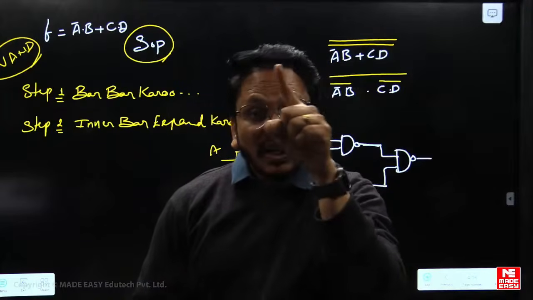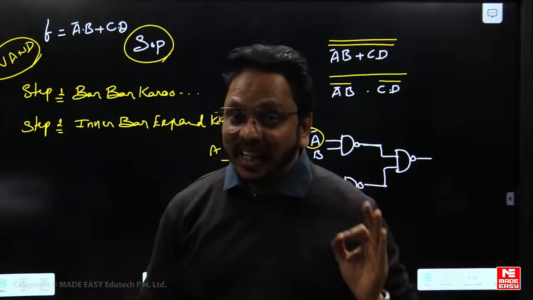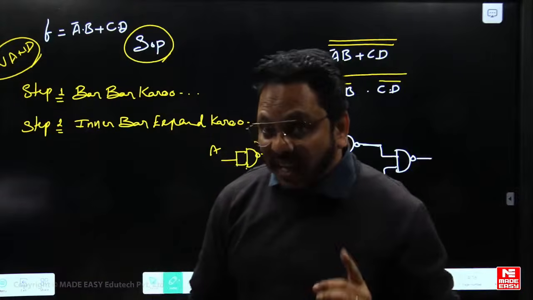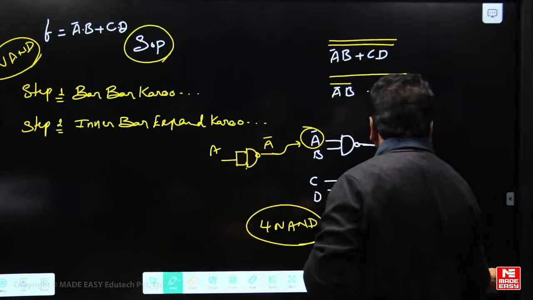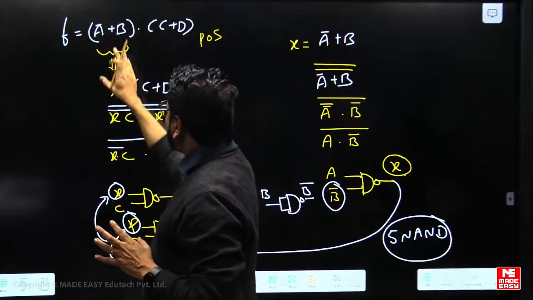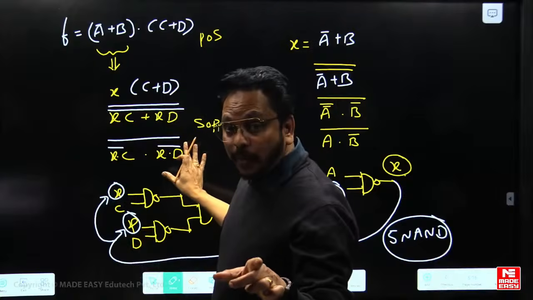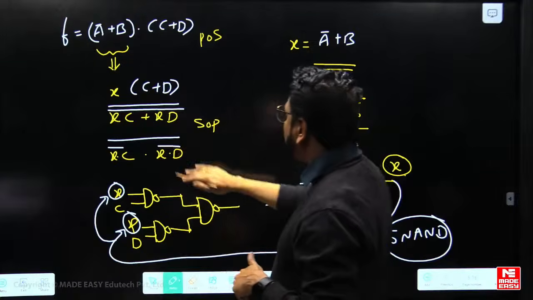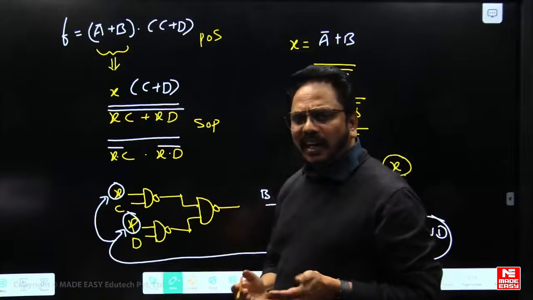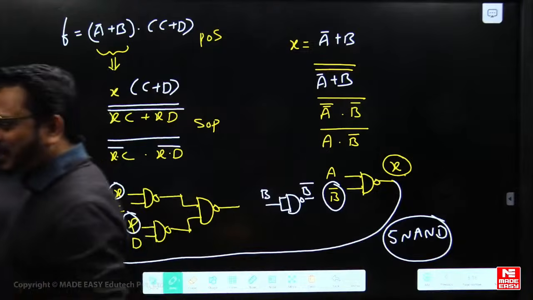That means do the double complementation and expand the inner bar by applying the De Morgan law. If they are asking about the POS expression like this, then make any one of the terms a variable and get the expression in sum of product form. Then implement the same process again. Then it will be easy. Got it? Check that.